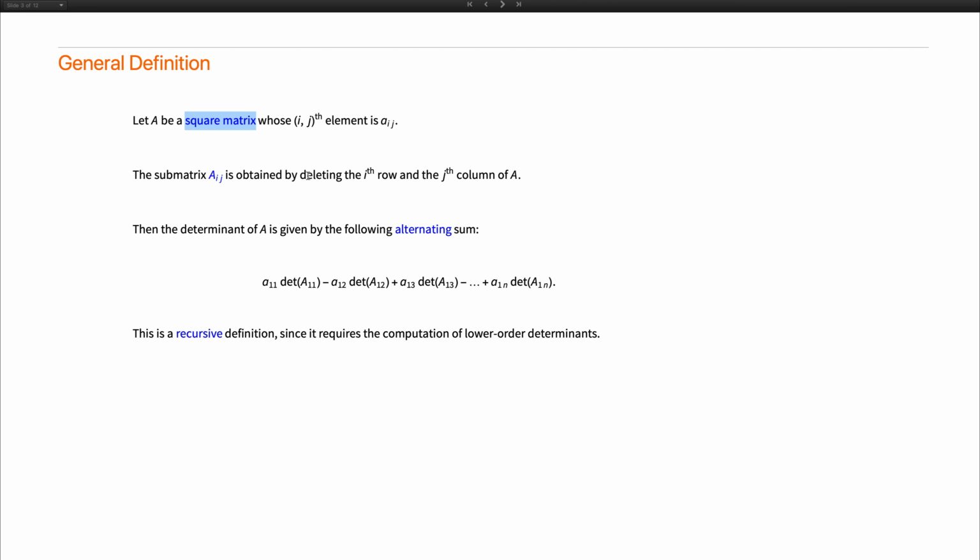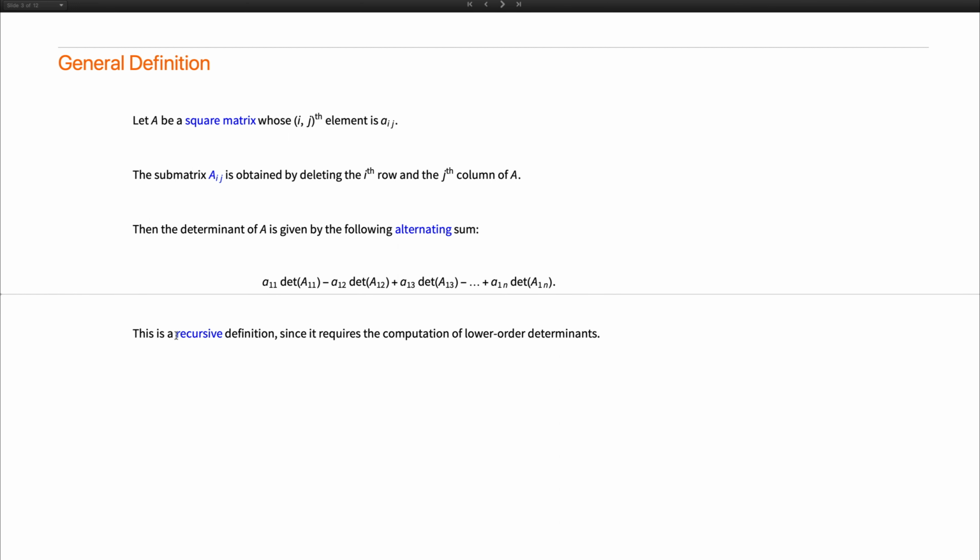What you can do then is delete the ith row and the jth column of A and get another submatrix, capital A_ij, which is smaller than the original matrix A. The determinant is given by an alternating sum, which means alternately plus and minus signs: a11 times the determinant of capital A11, minus a12 times the determinant of capital A12, etc. That's the definition of the determinant.